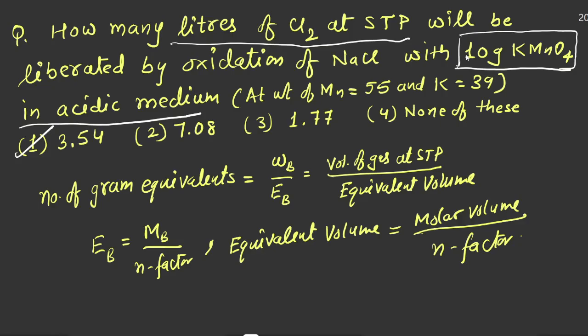And we need to know how many liters of Cl2 at STP will be liberated by the oxidation of NaCl. We don't know the amount of NaCl, but we know that 10 gram of KMnO4 is required to oxidize NaCl. And by oxidizing this NaCl by 10 gram of KMnO4, what is the volume of Cl2 at STP that is produced?